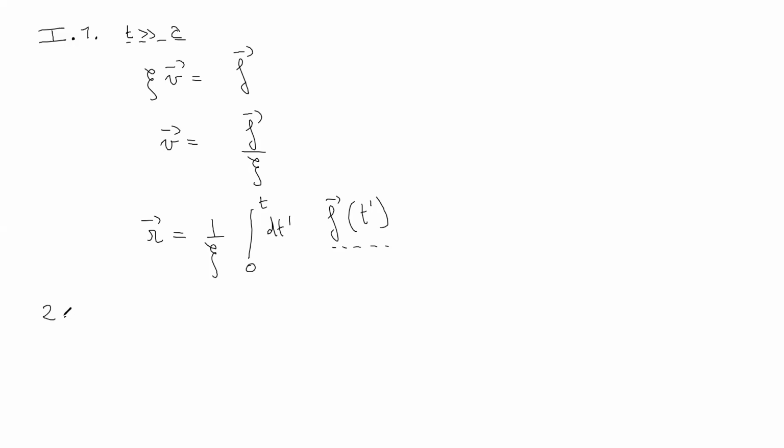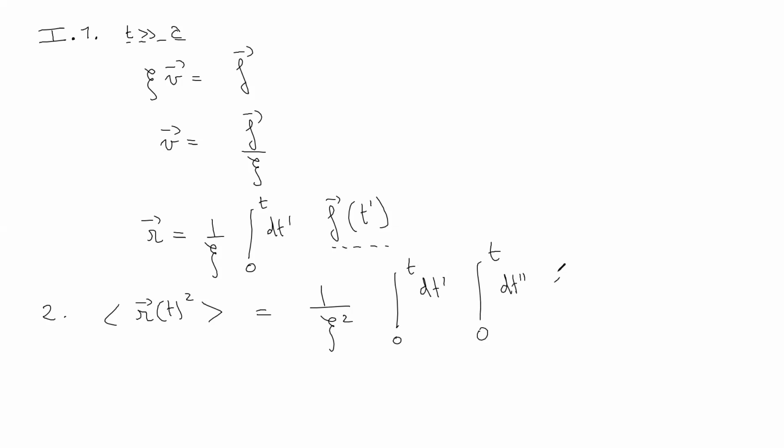All right, so let us quickly recover the diffusive law here. So R squared at a given time will be given by the square of the above equation. So the scalar product between the noise at 2 times and then the average as before, right?